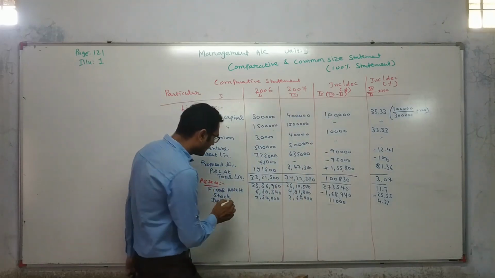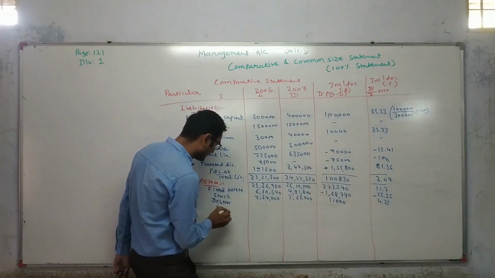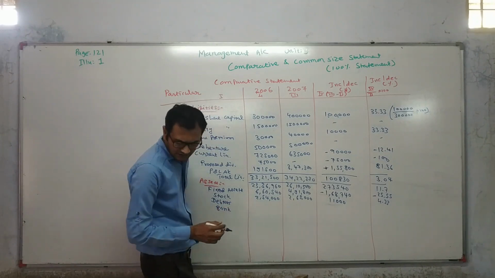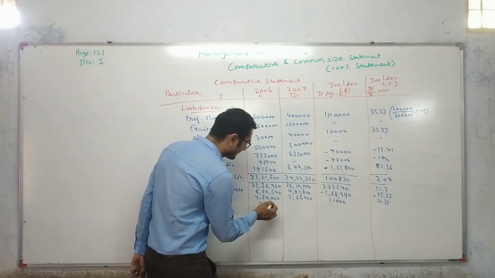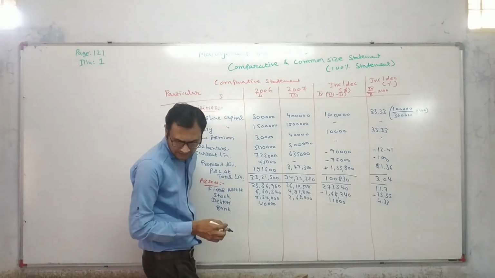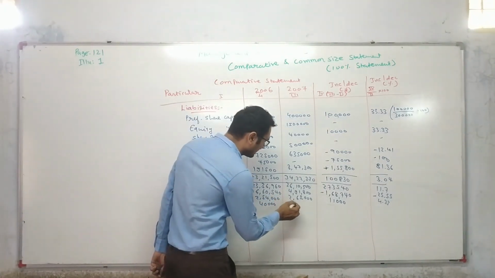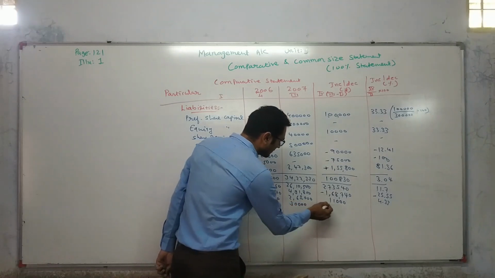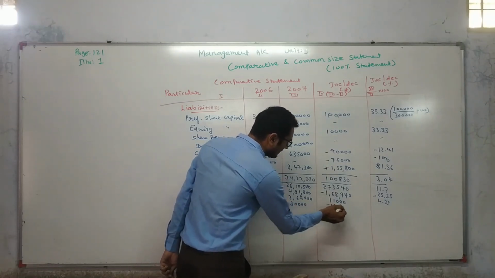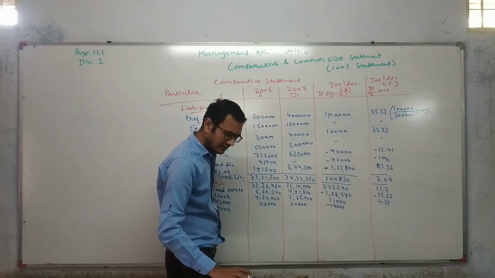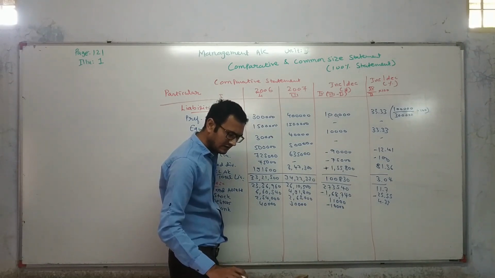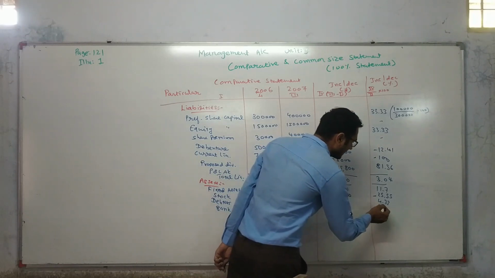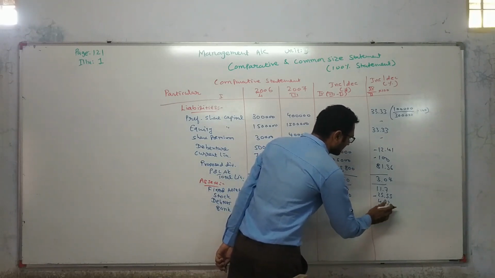And bank balance. Now in bank balance 40,000 and 30,000. So minus 10,000. Now 10,000 divided by 40,000. So we will get 25%.